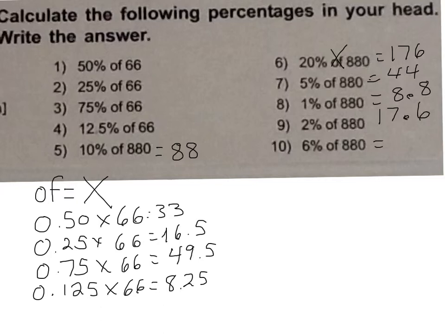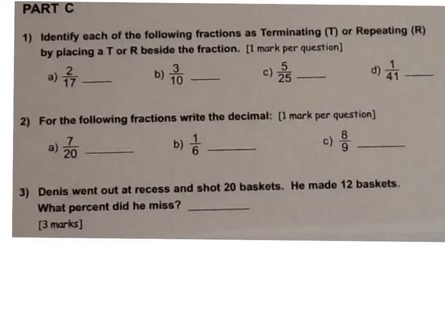And 6%, well, I can either throw that into the calculator as 0.06 times 880, or I can triple my 2%, and I'm going to come up with 52.8. Three different concepts, none of them hard, but really just making sure you're getting them right.